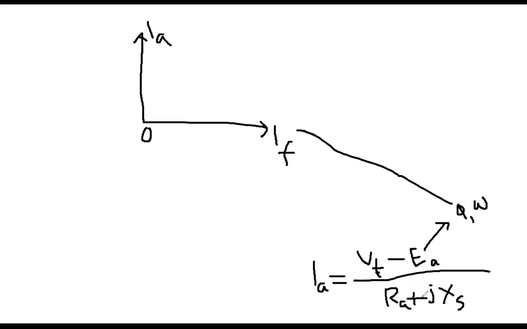I is Vt over this one. This is the fixed thing, the synchronous impedance ZS. So the only change is here. You are getting the highest current because I equals Vt over this. So you will get a very high value, for example around this amount.